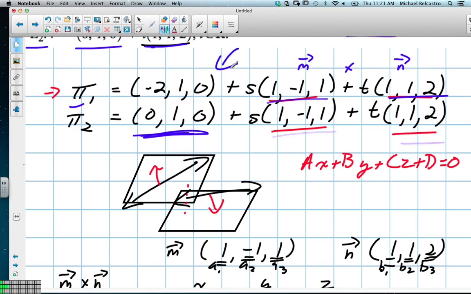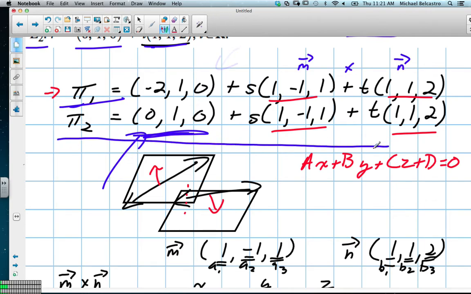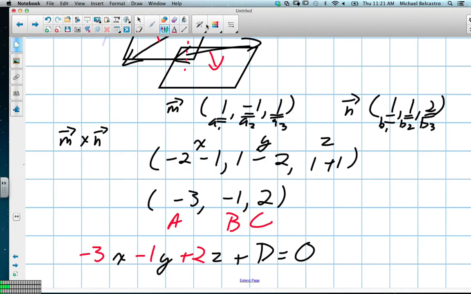So we just have to keep in order what we're doing. If I plug in this point, that means I'm finding the Cartesian form of plane 1. If I plug this point in at this step, then I'm finding the Cartesian form of plane 2. Let's stick with 1. -2, 1, and 0. That'll be the point we'll plug in. Is that right? -1, 2, 0? I don't remember.